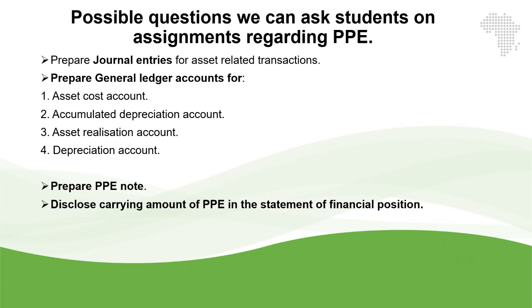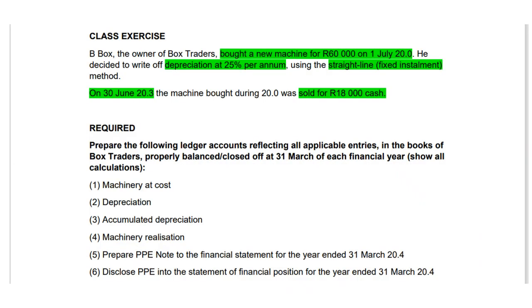So now I want us to go through this example, this class exercise. B Box, the owner of Box Traders, bought a new machinery for 60,000 rand on 1 July 20.0.